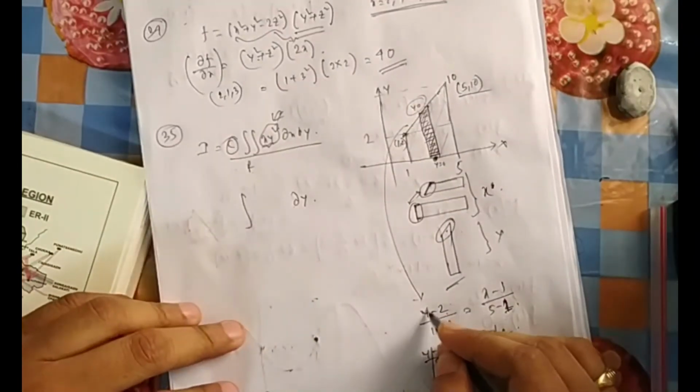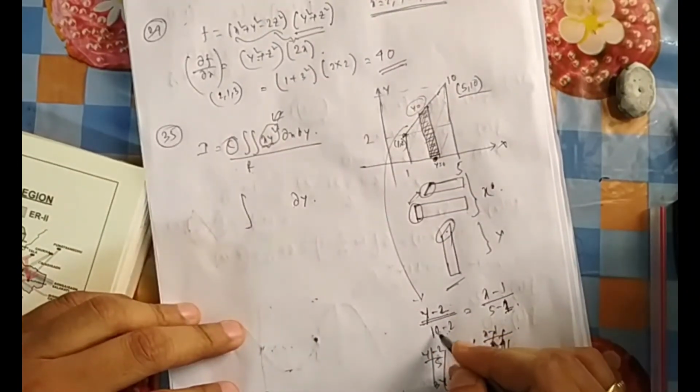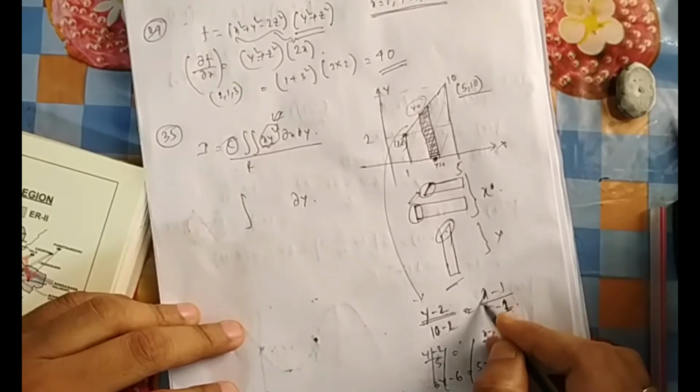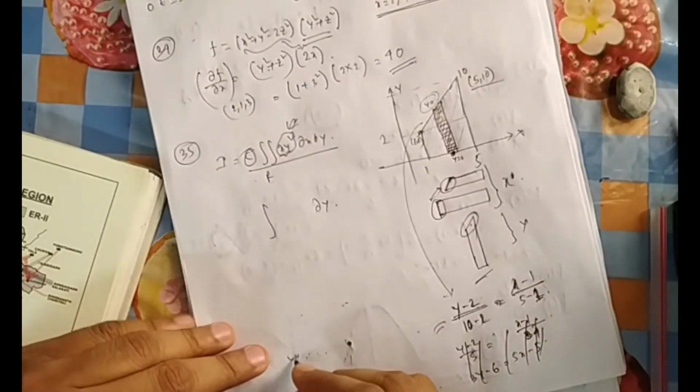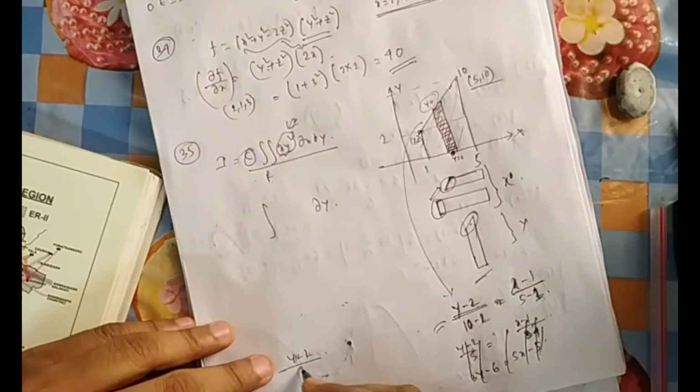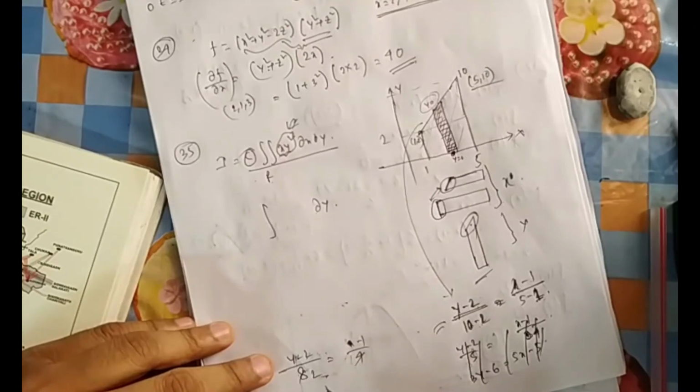If you do this, it will be (y minus 2) by (10 minus 2), that is 8, equals (x minus 1) by 4.